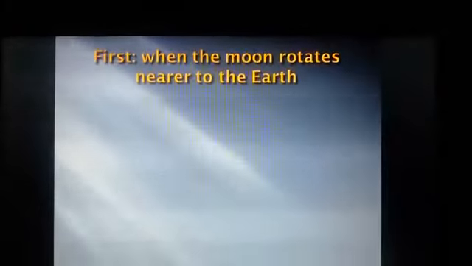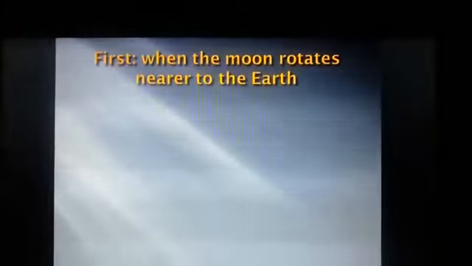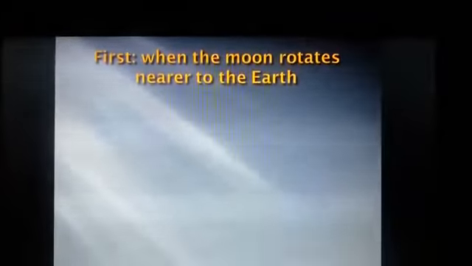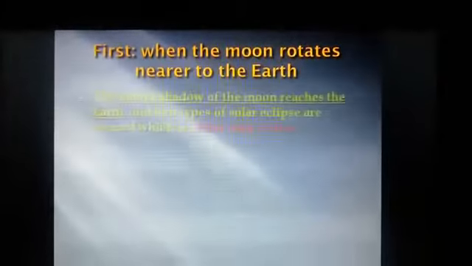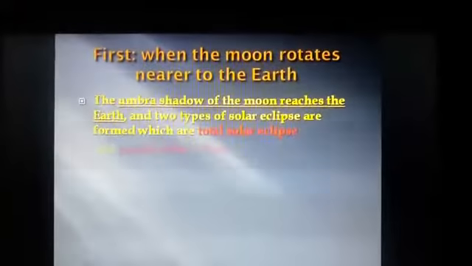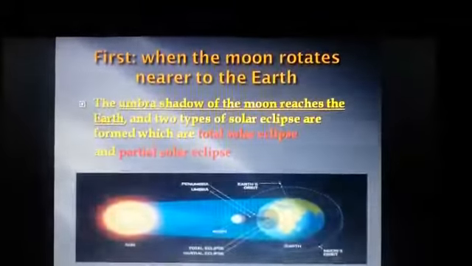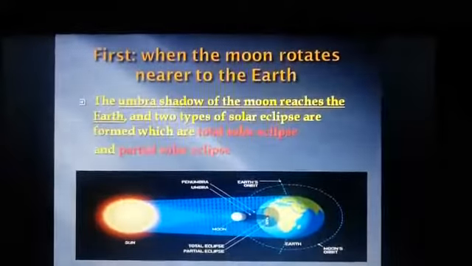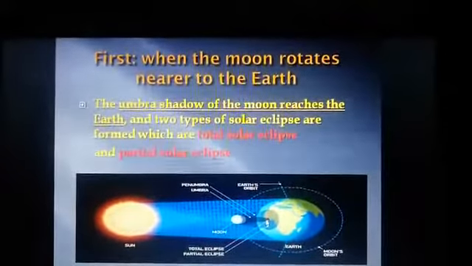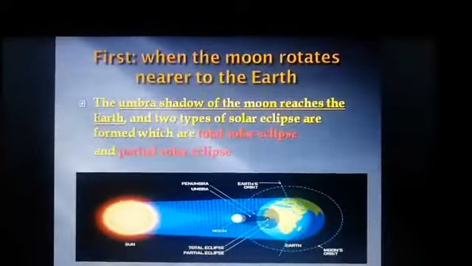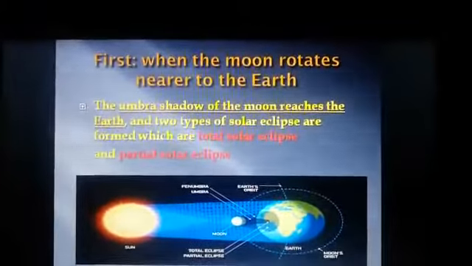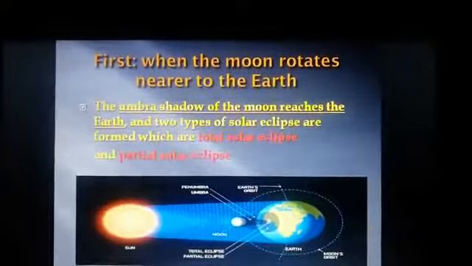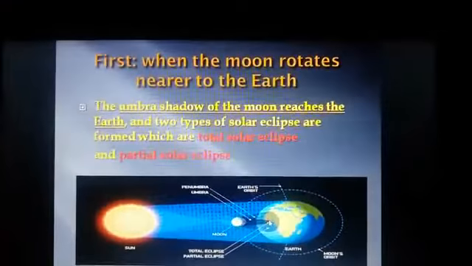First, when the moon rotates nearer to the earth and comes between it and sun, the umbra shadow of the moon reaches the earth, and people here cannot see the sun completely. We call this type of eclipse total solar eclipse.